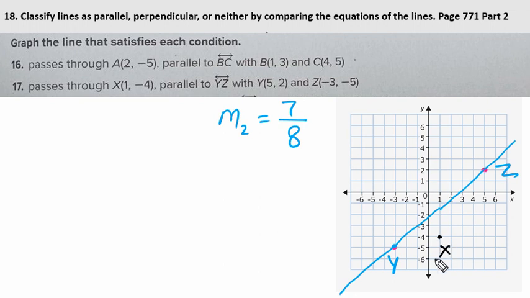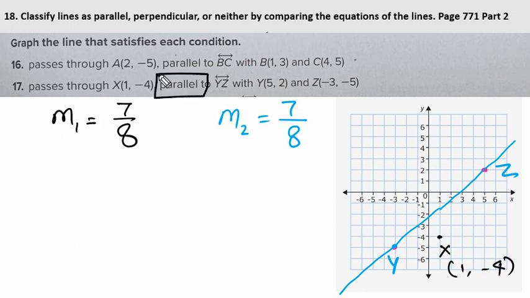For this also the slope should be the same. So if this is 7 over 8, this will also be 7 over 8. The slope is the same because they are parallel.